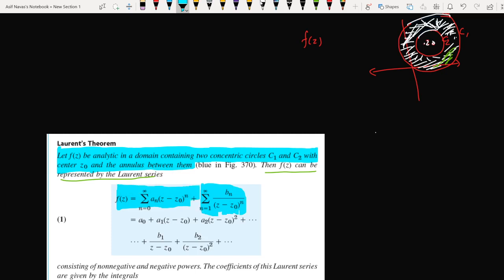So this is equal to a naught plus a1 times z minus z naught plus a2 times z minus z naught all square plus etc., plus b1 divided by z minus z naught plus b2 divided by z minus z naught all square plus etc. This is the Laurent series expansion of f of z, where the condition is that the function must be analytic in an annular region. Then we can find a series expansion with the center z naught.